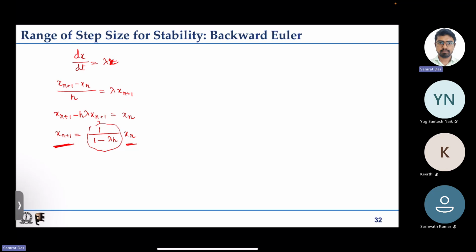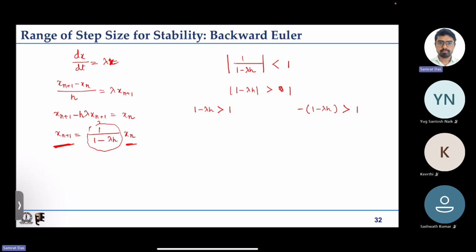Similar to the previous case, it could be complex also. So if we take the mod of 1 by (1 minus lambda h) to be less than 1, then the mod of 1 minus lambda h has to be greater than 1. Either it is positive, whole thing is positive, then it has to be this, or if it is negative then minus of (1 minus lambda h) should be greater than 1.